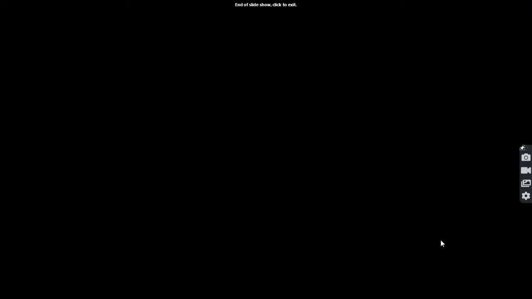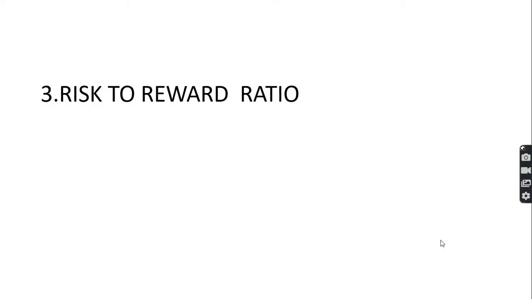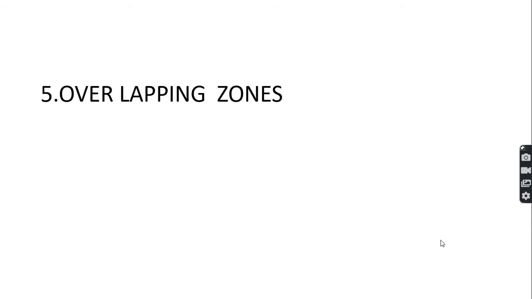Okay, I think I missed another one. So the fourth one, this is supposed to be the fourth one, is overlapping zones. What do I mean by overlapping zones? You want to find zone areas, either a demand zone or supply zone, that has another supply zone on top of it, or another demand zone below it.